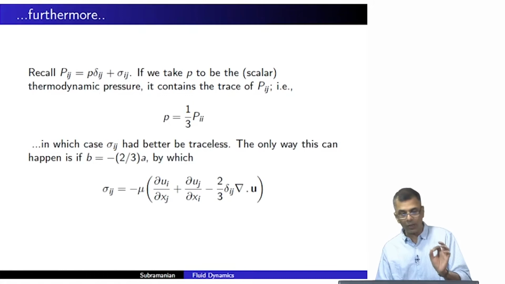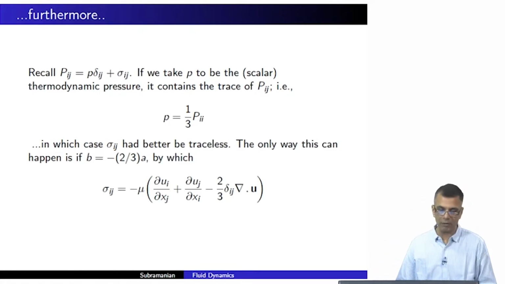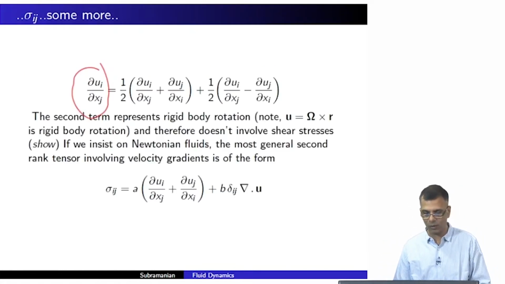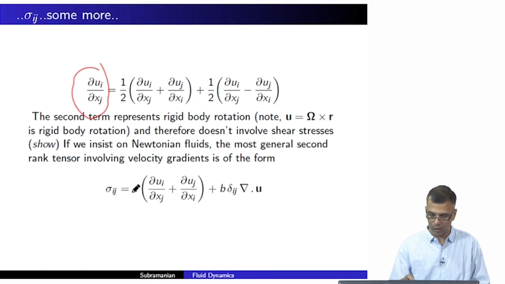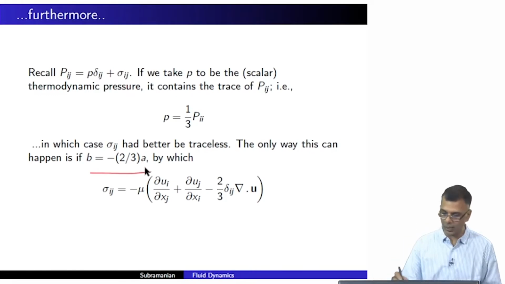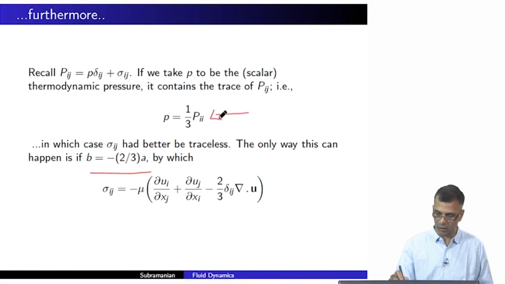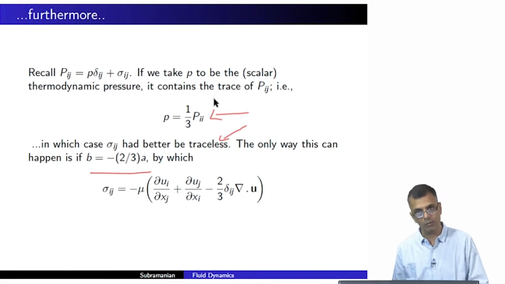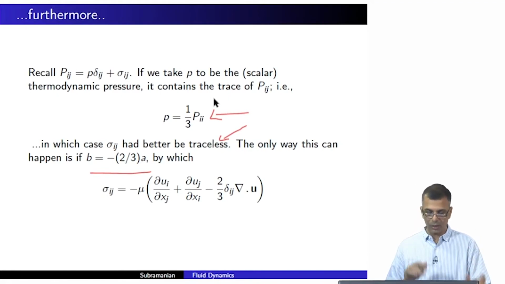And the only way this can happen is if the relation between this a and b that we wrote down here is of the form b equals minus 2/3 a. That's the only way this and this statement can simultaneously be true. In which case, the sigma ij looks like this.